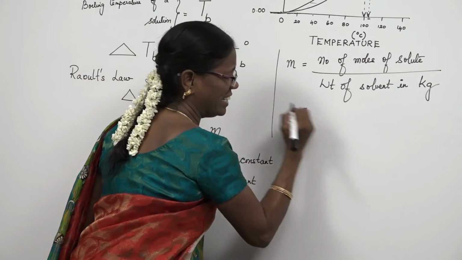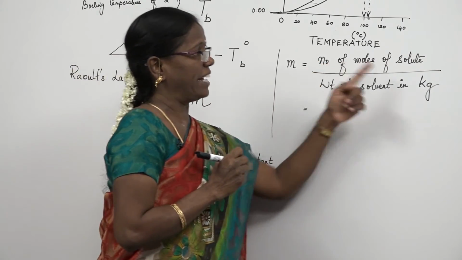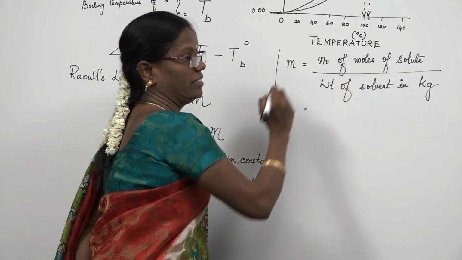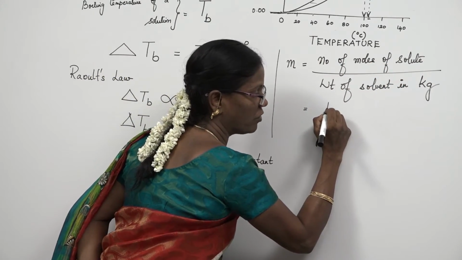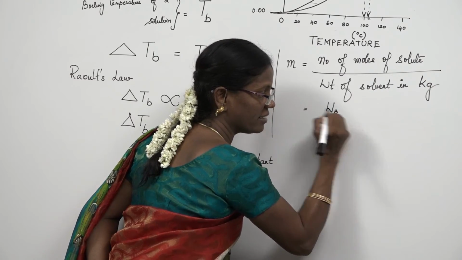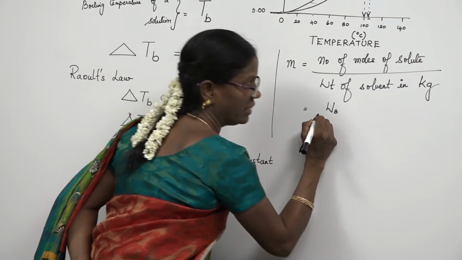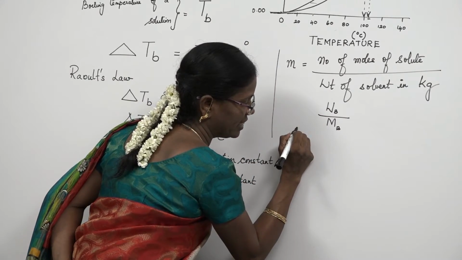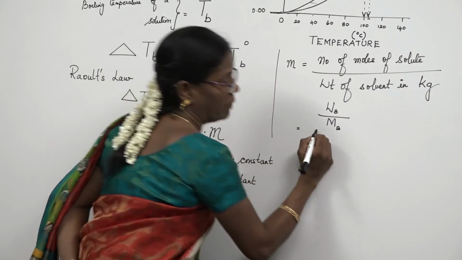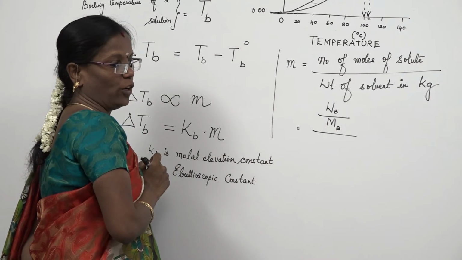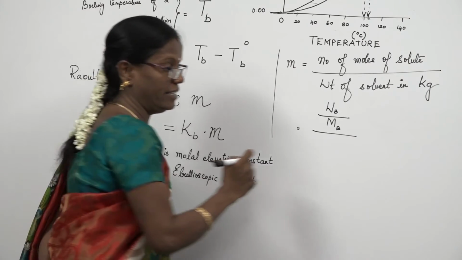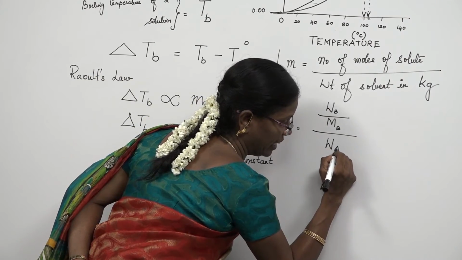And you can easily write the expression for the number of moles of solute. The number of moles of solute is the mass of the solute by the molar mass of the solute. We put this equal to that, divided by the weight of solvent in kilogram. The solvent is denoted by the letter A, so W_A.